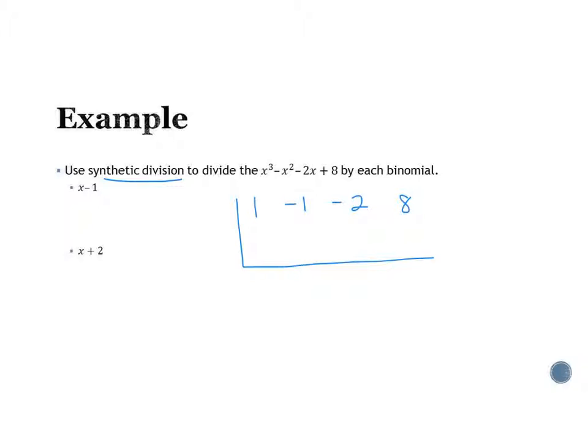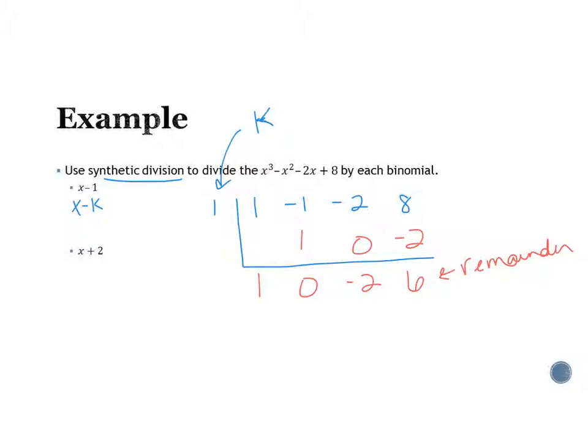On the outside, I'm going to put 1, because that is going to be that k value from the previous slide. If this is x minus k, k is a positive 1. So remember, we drop, multiply, add, multiply, add, multiply, add. So there is my remainder. That's my remainder.